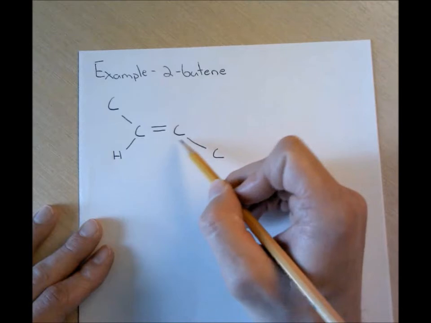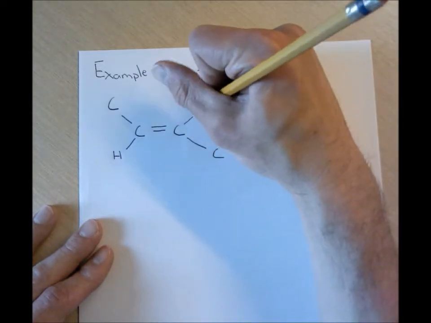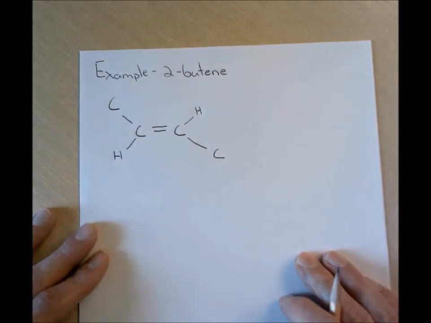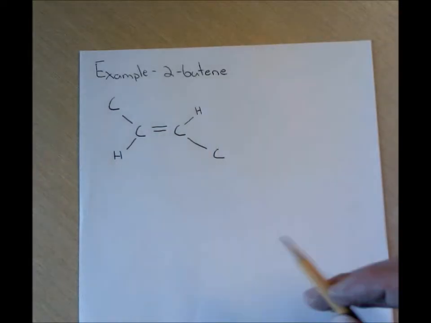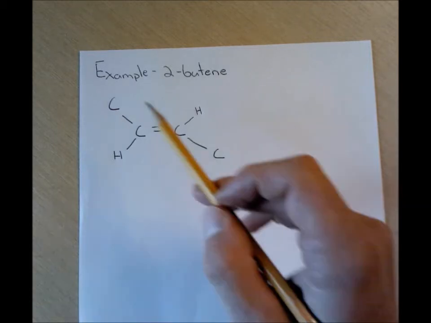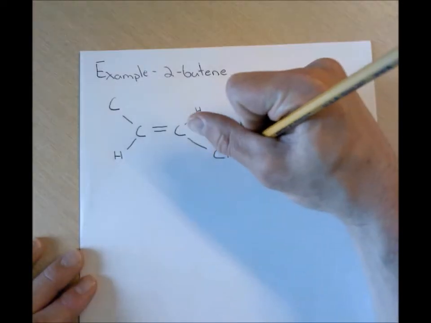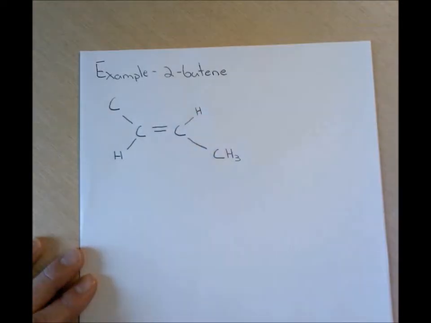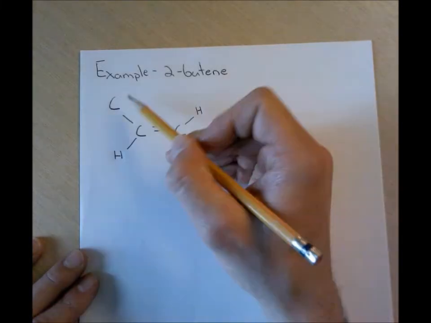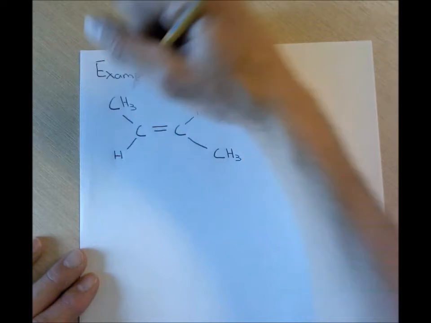We just want 1 additional connection. The last thing that I want to do here is add H's onto these CH3 groups here. So they only have 1 connection. They need 4, so they need 3 more H's to get to that 4th. Same thing up top here. Have 1, want 4. So our molecule looks like this.